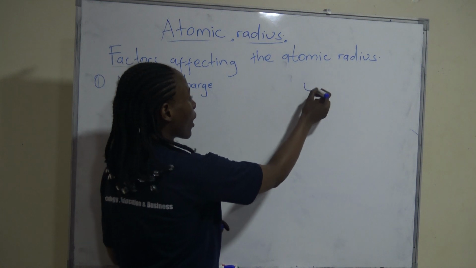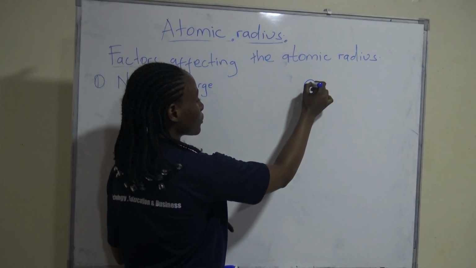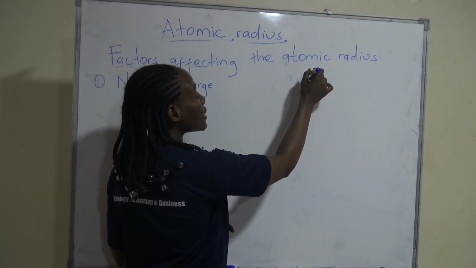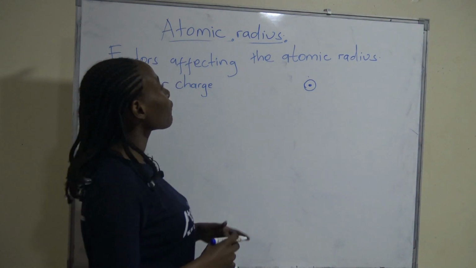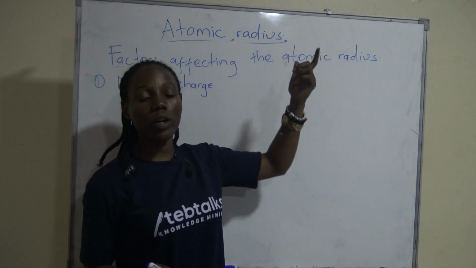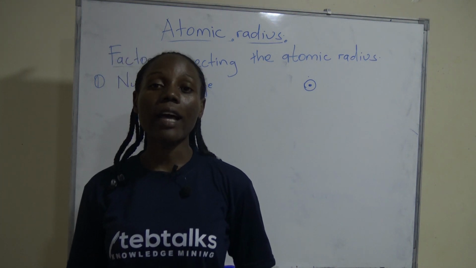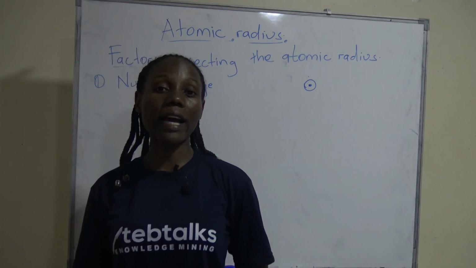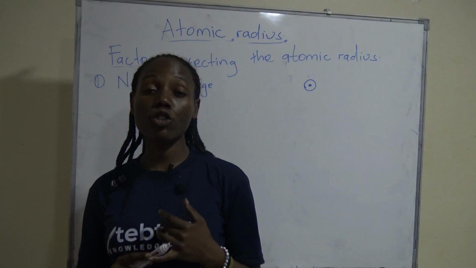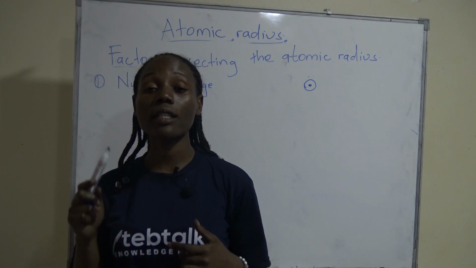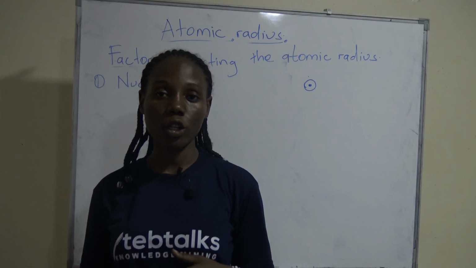If this is our nucleus, how would its charge affect the atomic radius? From the previous lessons, I said that the nucleus contains protons and neutrons.